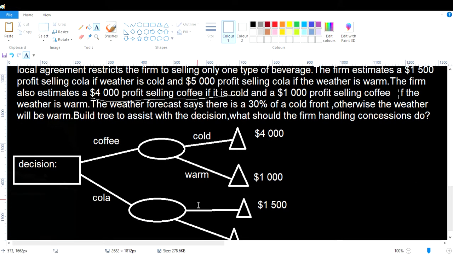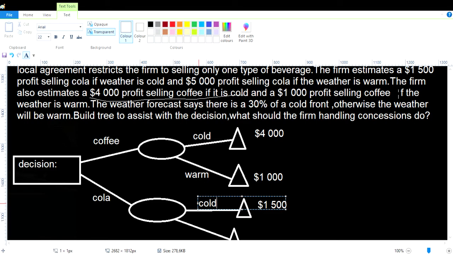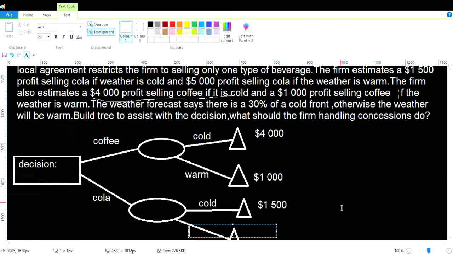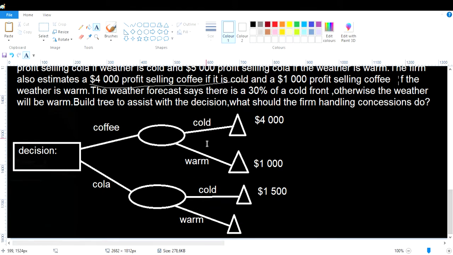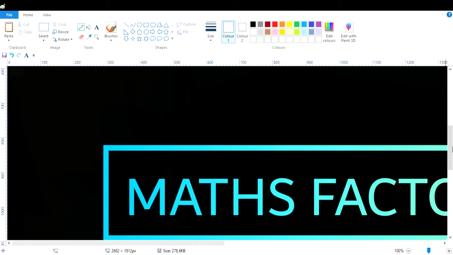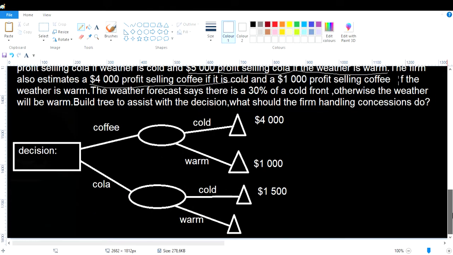Okay, here let me write cold and warm here. And $5,000 profit selling cola if weather is warm. Then I'm going to write $5,000.